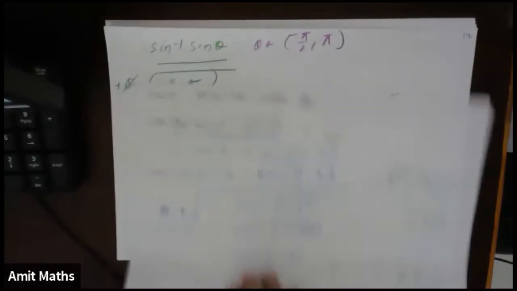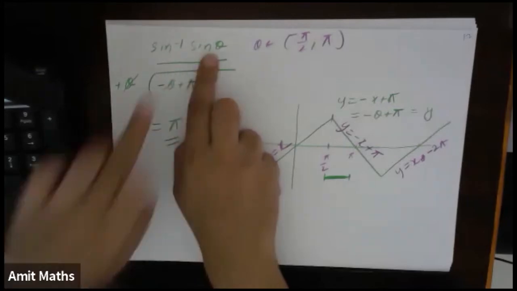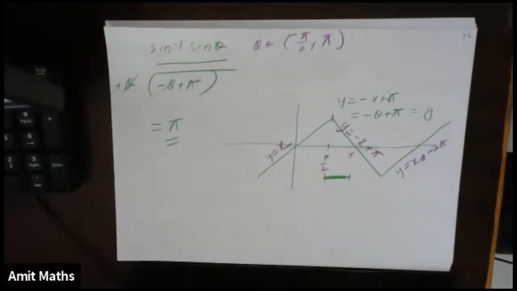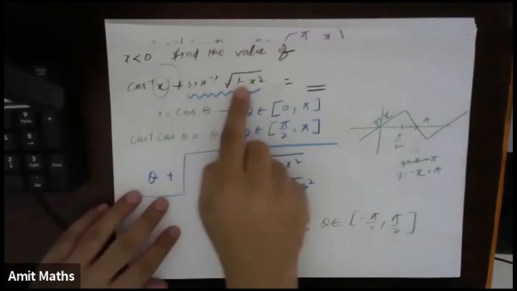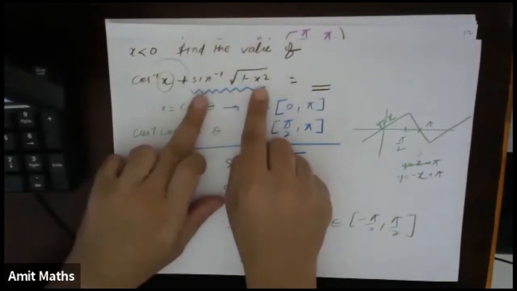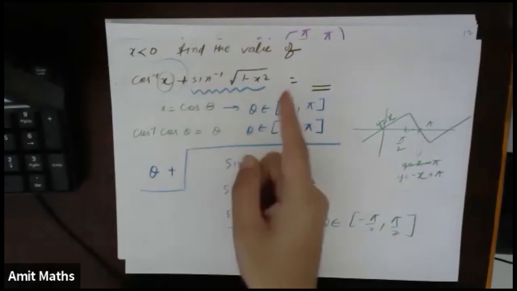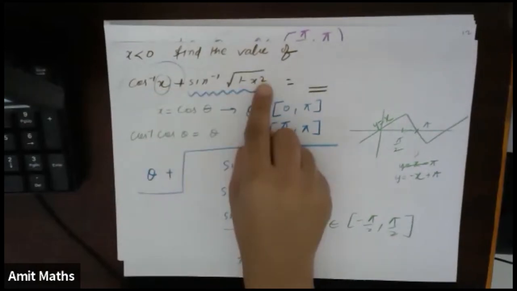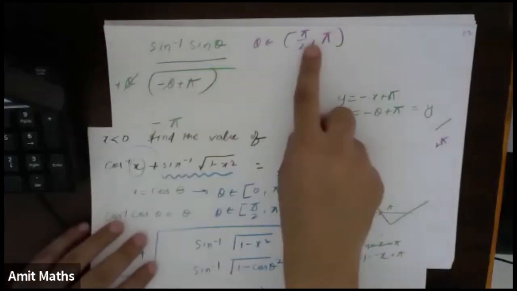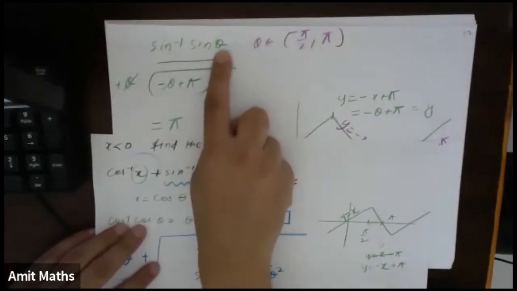But here see, sine inverse of sine theta, we have to write this. Sorry, this one. Sine inverse of root of 1 minus x square, right? So we had something, but we cannot convert this into cos. Why? Because we have already taken x is equal to cos theta. So when we write this thing, we will find out in which quadrant this theta is lying.